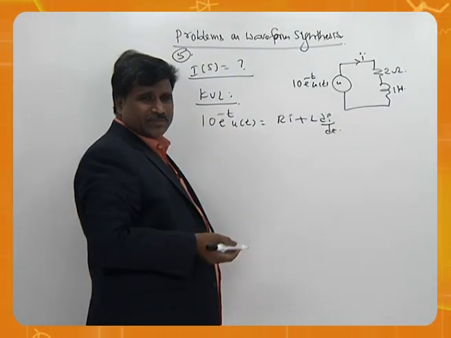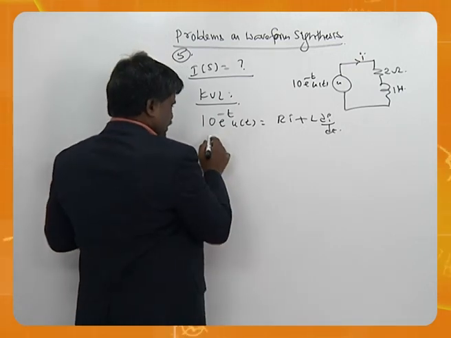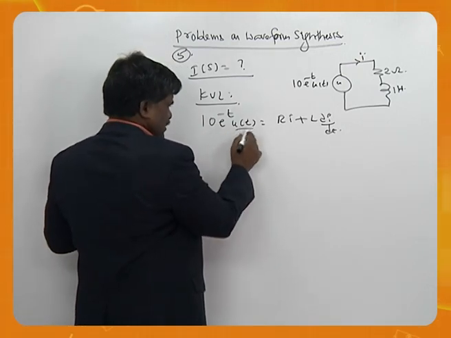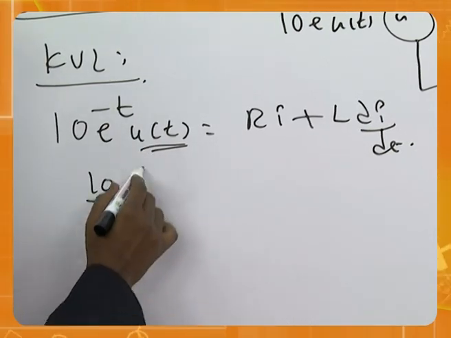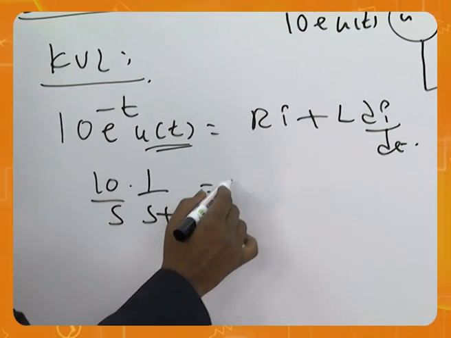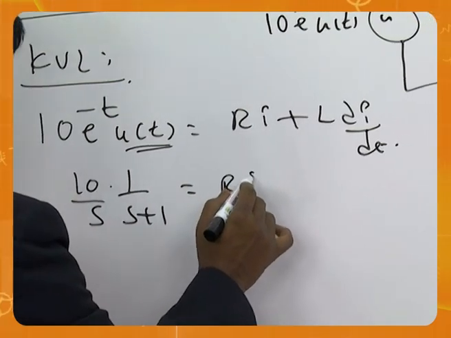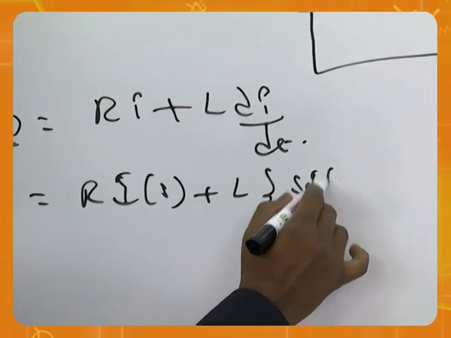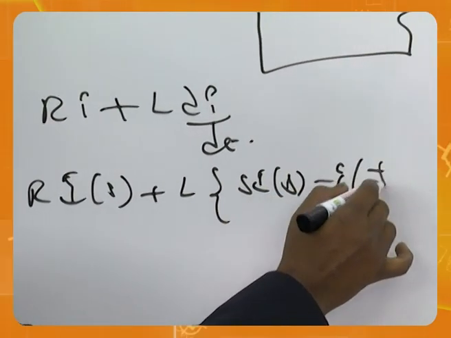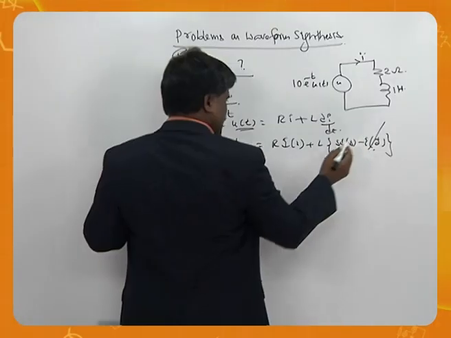Take Laplace here. 10 is 10 by s, ut is 10 by s, e power minus t is 1 by s plus 1, r into I of s, L into s into I of s minus I of 0. Cancel.